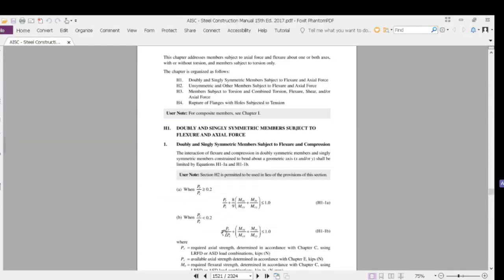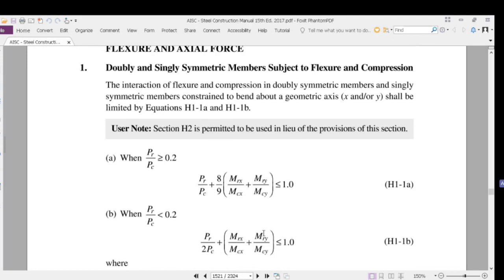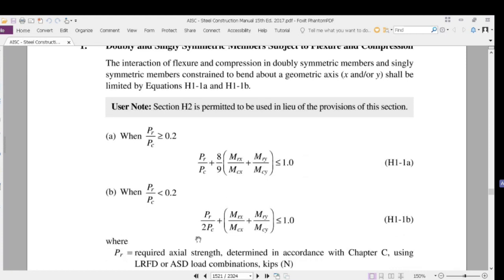In the case of unsymmetrical bending, we can refer to equation H1-1b. Although this equation is for combined bending and axial force, in the case of unsymmetrical bending without any axial force, we can omit the first term and we will be left with the second and the third term.